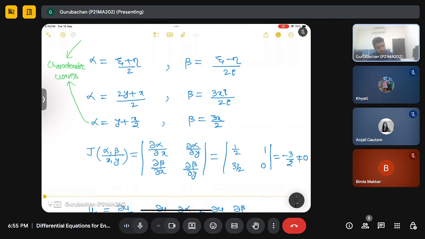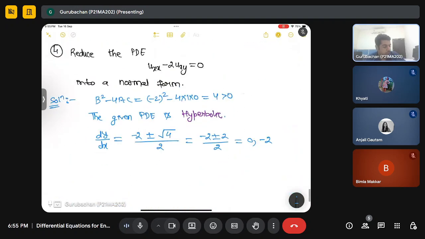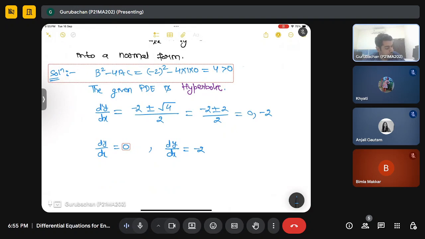Next, let us come to this particular question. In this scenario you will get dy by dx equal to 0 once, and dy by dx equal to minus 2 the other time. From the first, y is directly a constant.